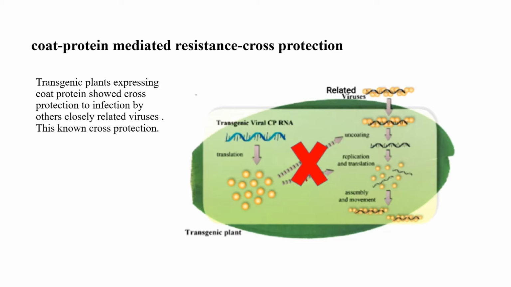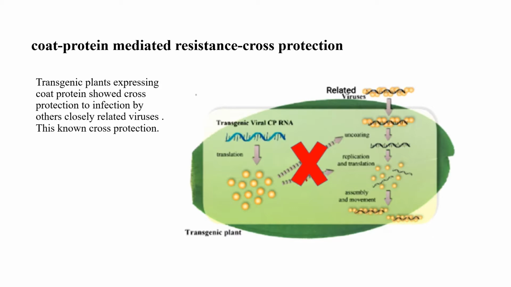This is known as cross protection. On the right side, we are going to see the related species, which will be the first one. The transgenic viral coat protein and RNA, then it will come to the translation. There will be cross protection with the uncoating and replication and translation, and that results in the movement in the transgenic plant.